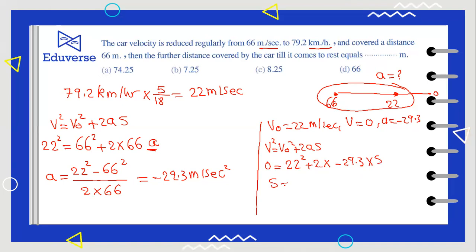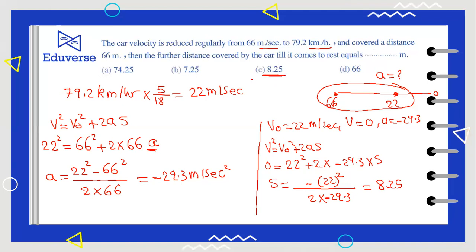To find the distance, negative 22 power 2 over 2 multiplied by negative 29.3. Using the calculator, the distance is 8.25 meter. That's the distance to reach rest with this acceleration.